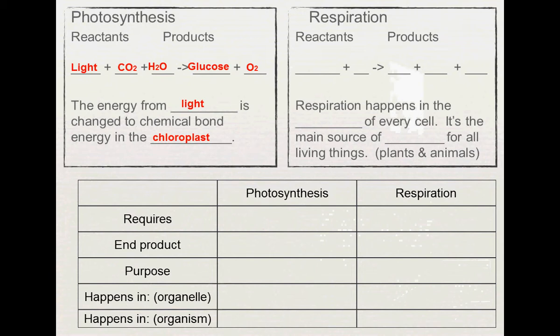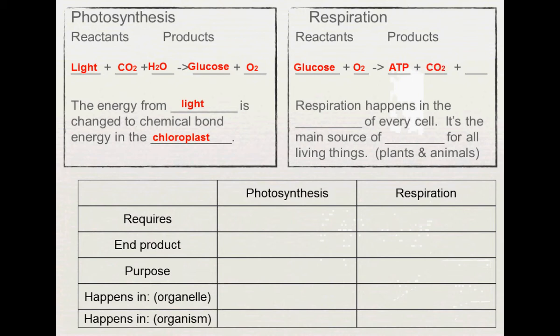How about respiration? All right, Michael, what's one of the reactants? C6H12O6. Yes, glucose. What is the other? Jason? O2, oxygen. Respiration produces three things. Kira? ATP. Allie? H2O.